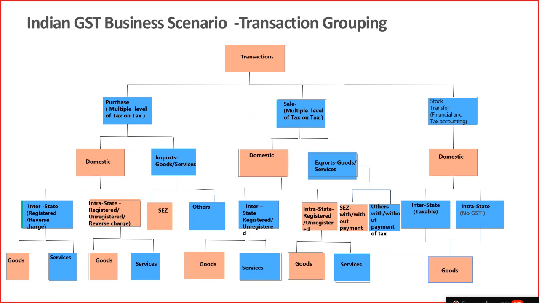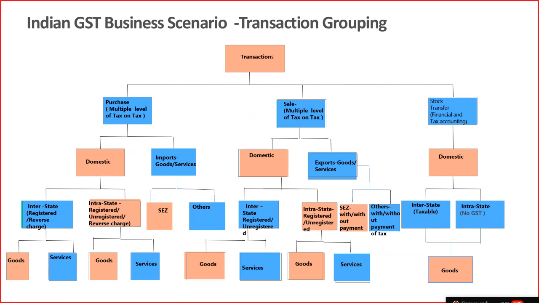Purchase, we have domestic purchases, we have import scenarios of purchases, and it will cover both goods and services. Sales, we again have domestic sales, and we have an export of goods and services both. And if you see the stock transfer, we have domestic stock transfers.